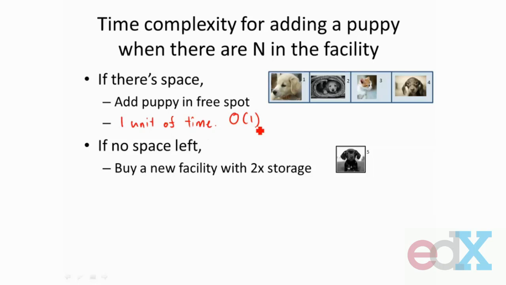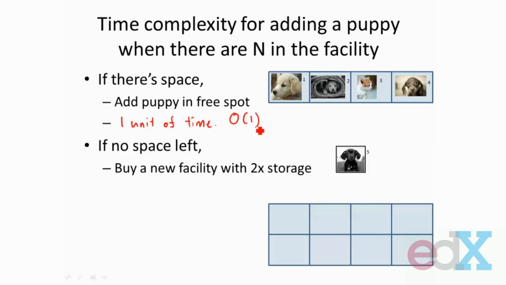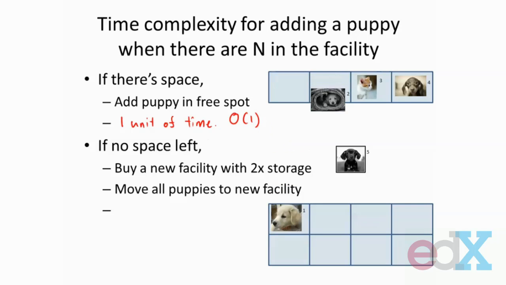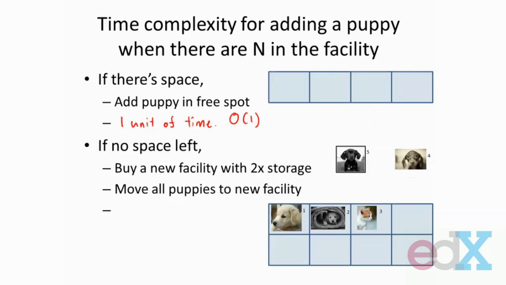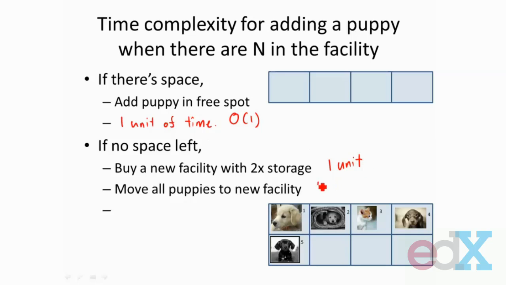Now, when the facility is full and there's no space left, and he gets a new puppy, what he has to do first is buy a new facility that's twice the storage of his old one, then move all the puppies into the new facility, and finally move the last puppy into a free spot. Now, buying a facility takes 1 unit of time. Moving all the old puppies into the new facility takes n units of time because he had n puppies.